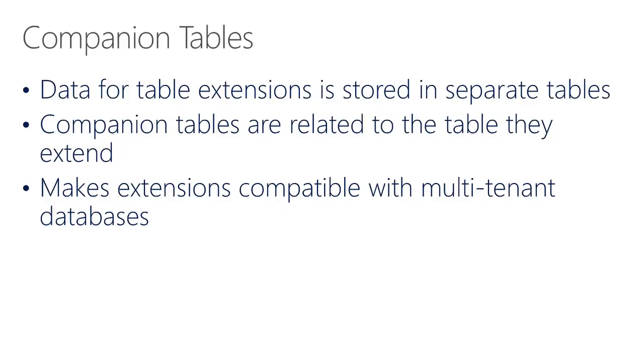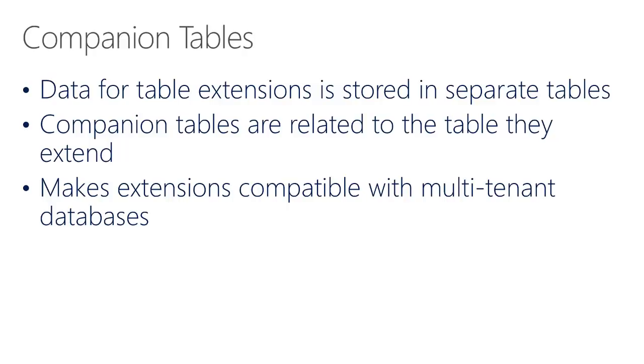So the base table, the customer table in this instance, would get an extra field from a number of different extensions. And as you can remember from the old NAV days, there was a limitation to the number of fields that you can add to each table. Especially when you hit very popular tables like the sales line table and the purchase line table, when you add a number of these really big add-ons, you ran out of field space real quick.